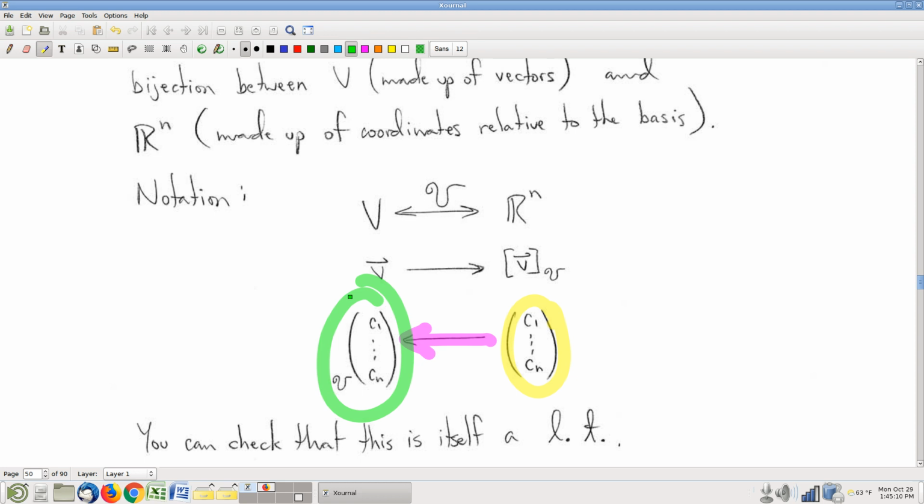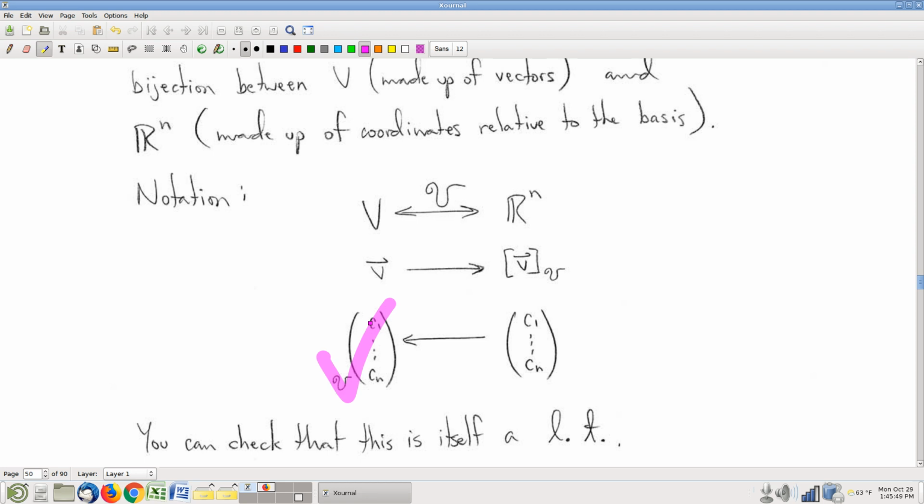The book does not use this notation right here. They don't have any notation to represent this going the other way. I made this choice to complement the book's choice. Going to the right, they make the basis a subscript on the right, which is fine. Going to the left, I chose to make the basis a subscript on the left. Seems like a reasonable complementary choice. Okay. There's a few places where this ends up being convenient, so I like to have it down.